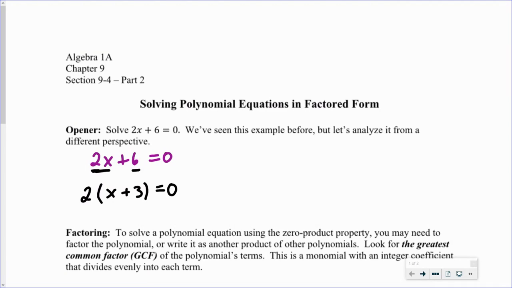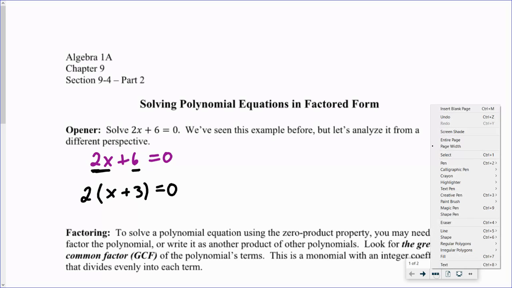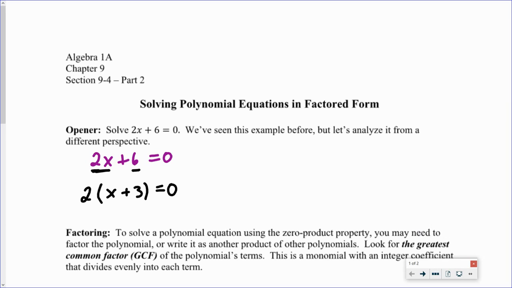This looks a lot like the equations that we were working with in the last video, where we had two factors multiplied together to equal 0. So I'm going to use the zero product property from last lesson and set each of the factors equal to 0. So 2 equals 0, and then x plus 3 equals 0.